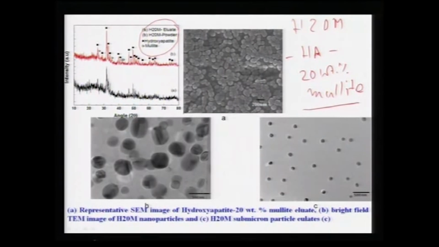This loaded solution is then used to treat the human fetal osteoblast cells. Here you can see two types of particles: this is less than 100 nanometer and this is greater than 100 nanometer. You can clearly see this is your 500 nanometer bar. So, individually these particles are less than 100 nanometer.